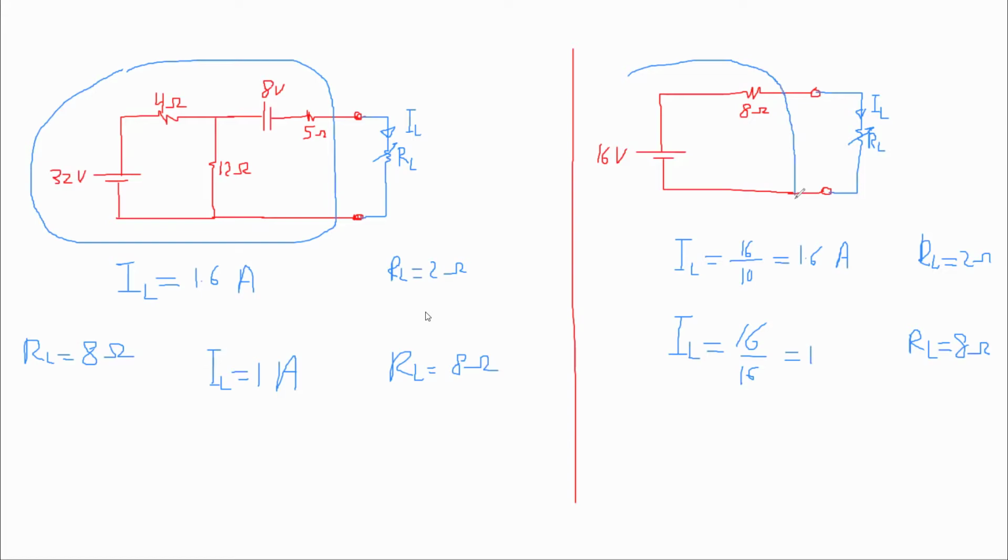What you read here is V open circuit, because now it's an open circuit here. Because this reads the same voltage as this one, this equals E Thevenin. So what is E Thevenin? It is the open circuit voltage.